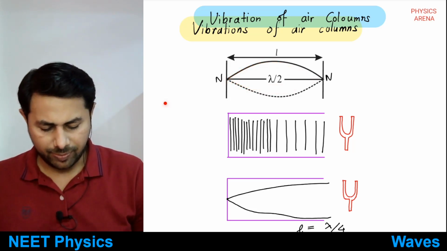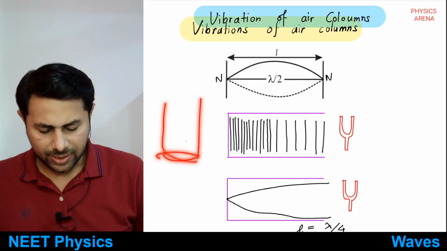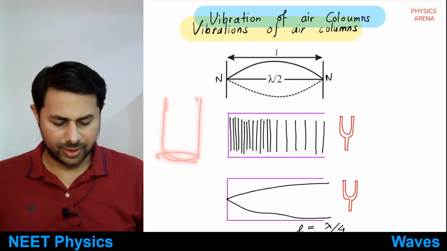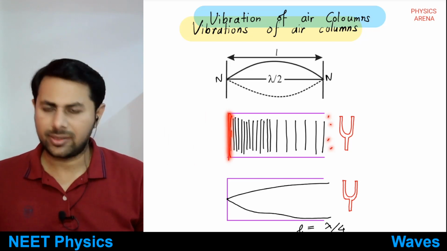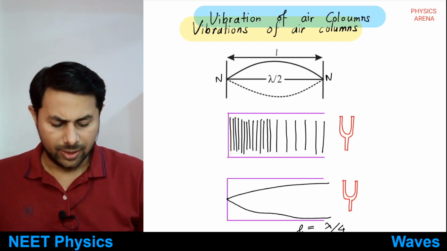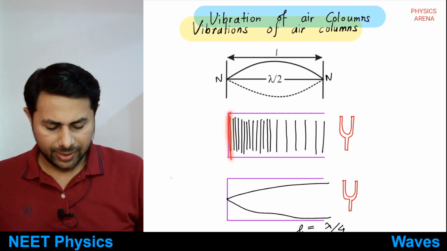So suppose this is a pipe which is closed at one end and open at the other end. So what will happen at the closed end?